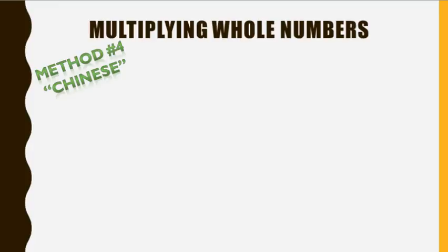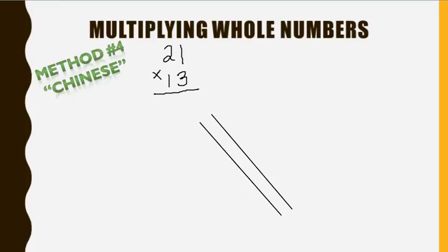So let's say I'm going to use small digits here. Let's say I have 21 times 13. I showed this to the 3rd graders last year, so you might remember this if you were in my class. So 21, we're going to make 2 lines to represent the 20, 1 line to represent the 1.